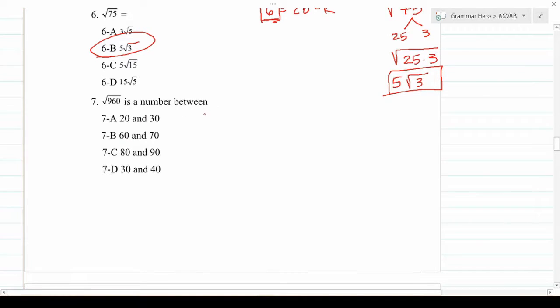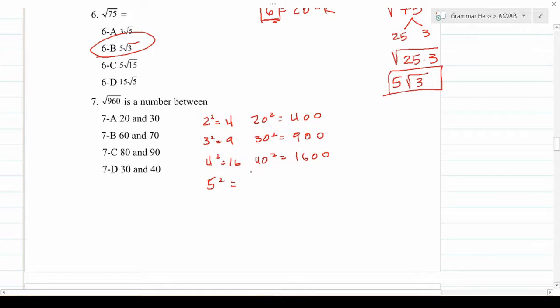I'm just going to do this because it's going to help you. 2 squared equals 4. 20 squared, therefore, equals 400. 3 squared equals 9. 30 squared equals 900. 4 squared equals 16. 40 squared equals 1600. I'm just going to do a few more. That way we can solve this problem logically.